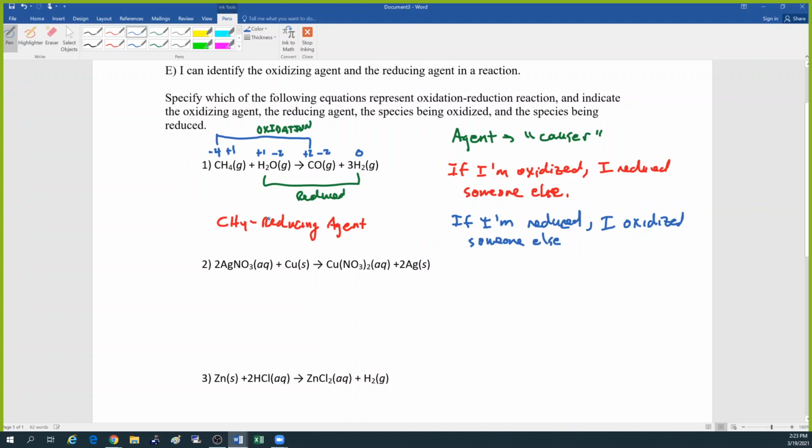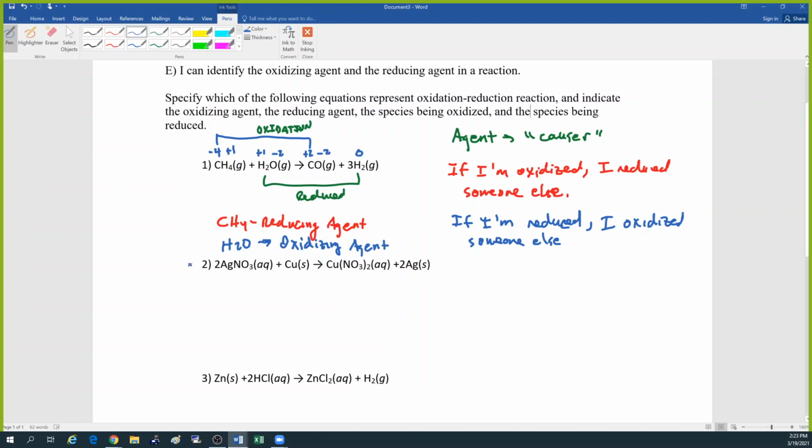And so in this case, we see the water being the other chemical in this reaction must be the oxidizing agent because it was reduced, and that means it had to be reduced by someone, in this case the methane, and if it was reduced, that means it oxidized someone else. And that's the essence of it.